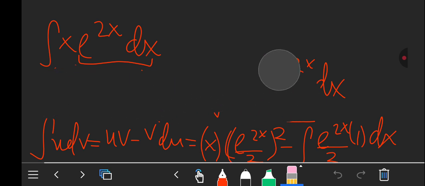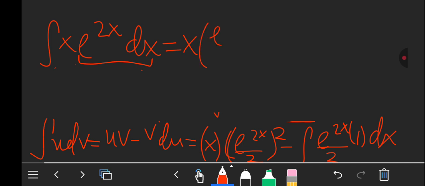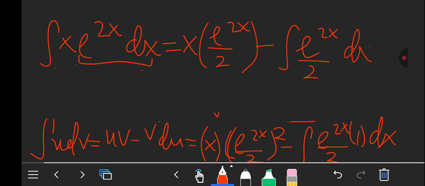Now let's see how we can simplify this. What we have is x times e to the power 2x over 2, minus the integral of e to the power 2x over 2, 1 times dx is just dx.